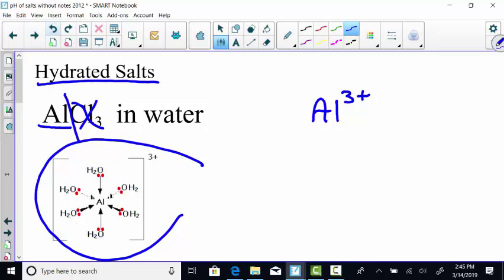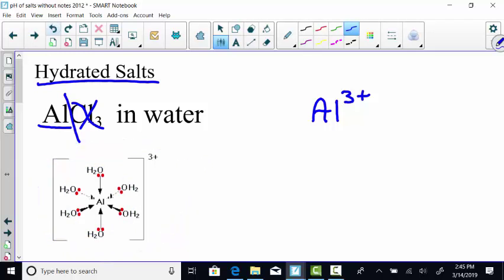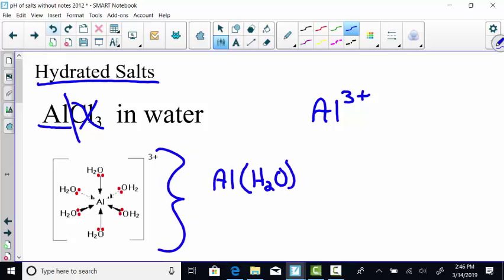Okay, that's what makes it a complex ion. So essentially this compound here is actually now aluminum with water molecules around it, and there happens to be 6 water molecules around it, and it happens to have a 3+ charge.